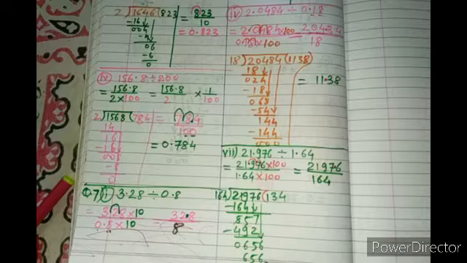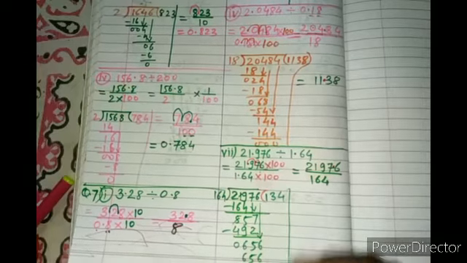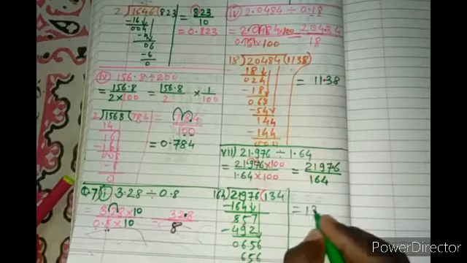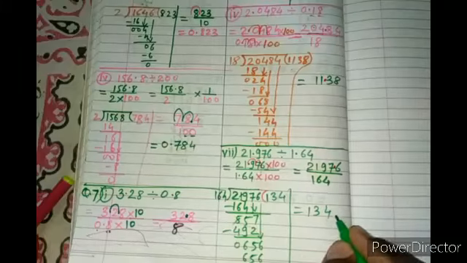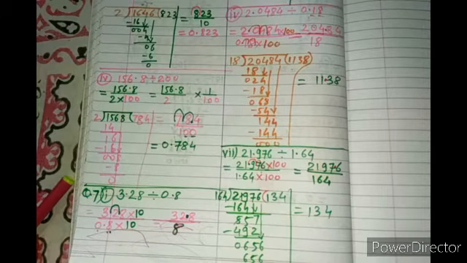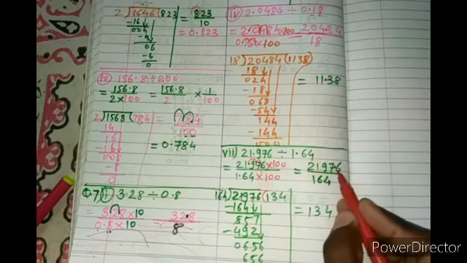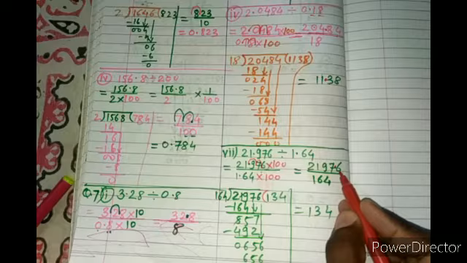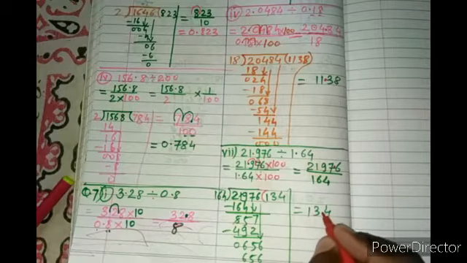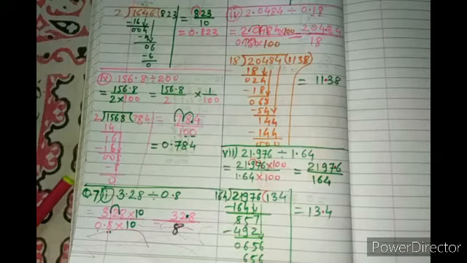So we got the quotient 1 3 4. Now we have to put the decimal point. So in the last dividend, the decimal point is before the 1 digit. So from the right side we will put it here. Final answer is 13.4.